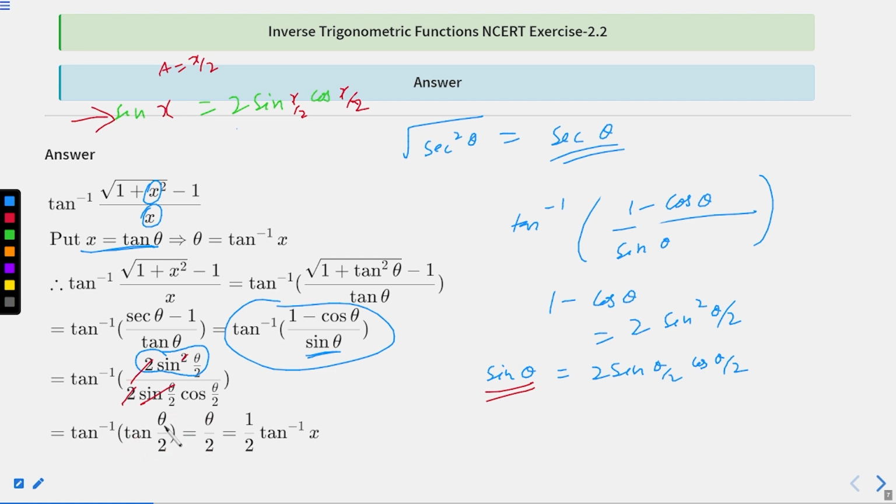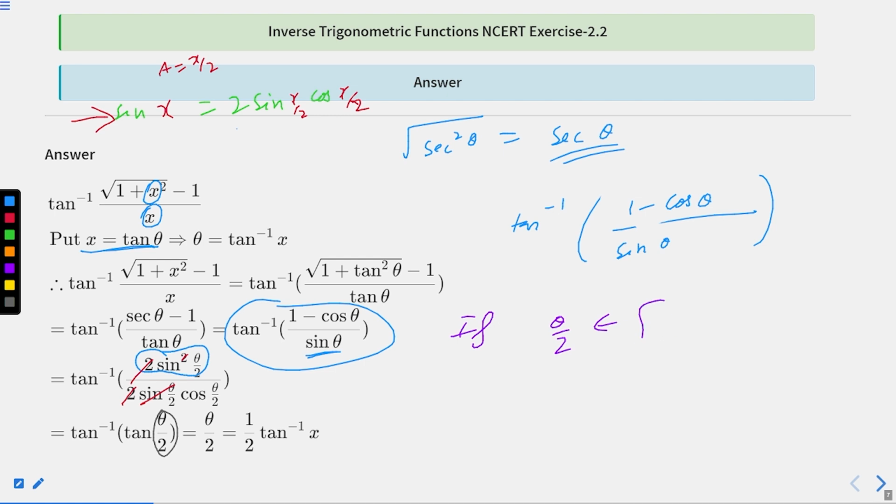This can only happen if theta by 2 belongs to the principal value branch. And the principal value branch for the tan inverse function is the open interval minus pi by 2 to pi by 2. So from this I can say that theta by 2 is strictly greater than minus pi by 2 and strictly less than pi by 2, and from this I can say theta belongs to minus pi by 2 to pi by 2.